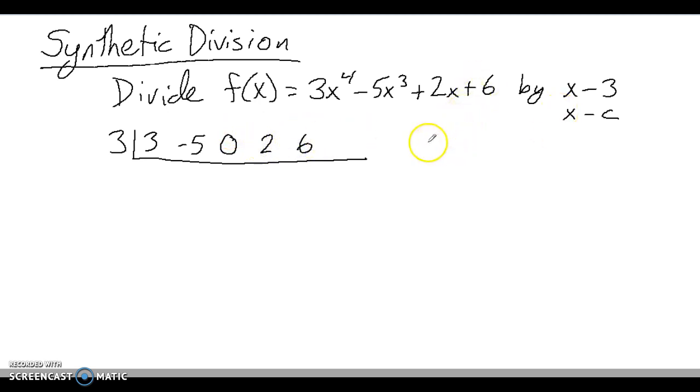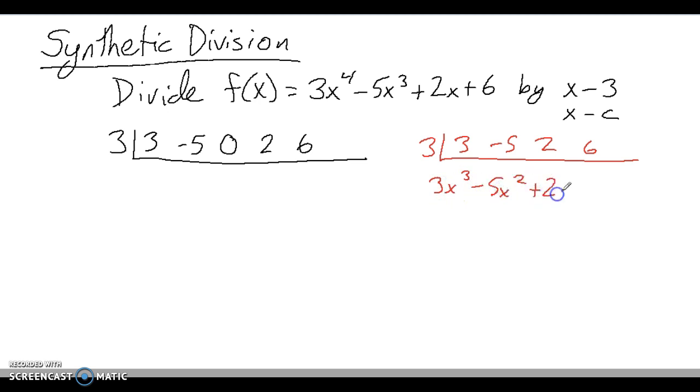Let's do this off to the side. If instead we had drawn it like this, this is telling me that I'm trying to take 3x cubed minus 5x squared plus 2x plus 6 and divide it by x minus 3.